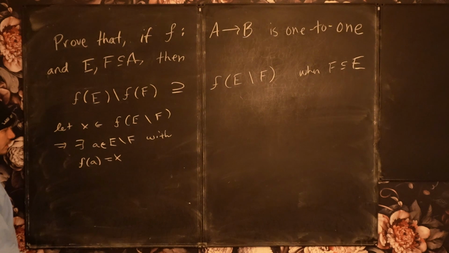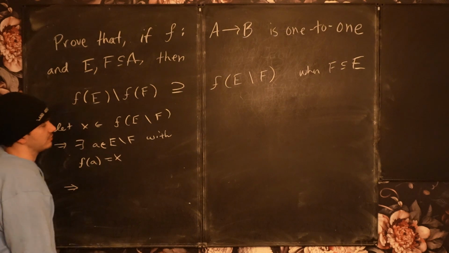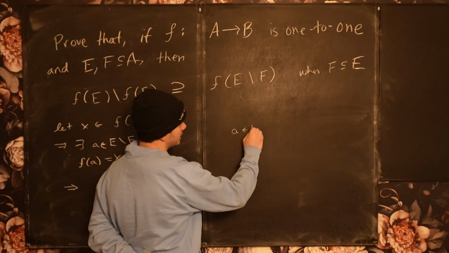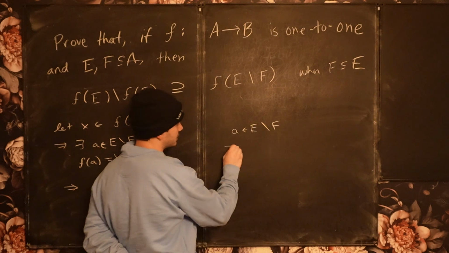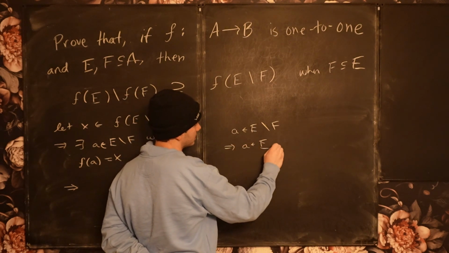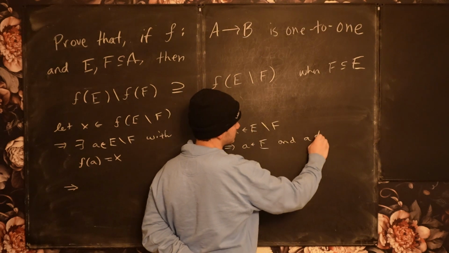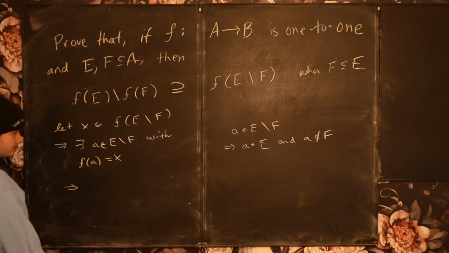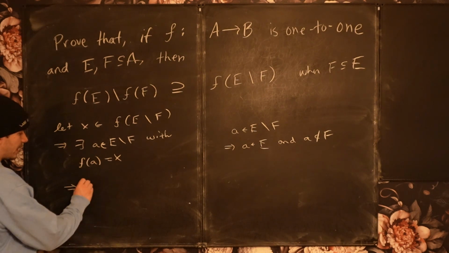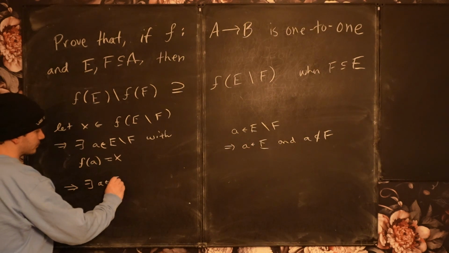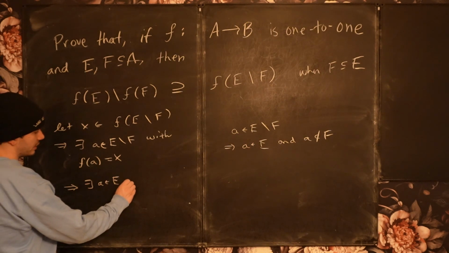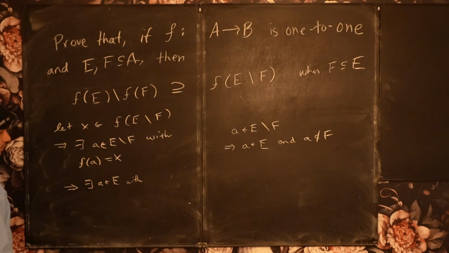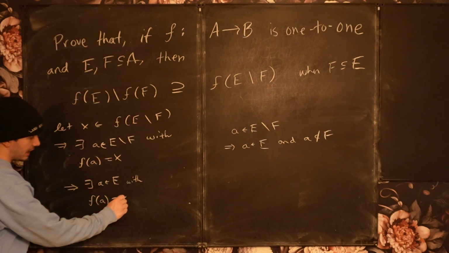And so certainly A is in E set minus F, which tells me that A is in E and A is not in F. So there exists an A within E with f of A equal to x.